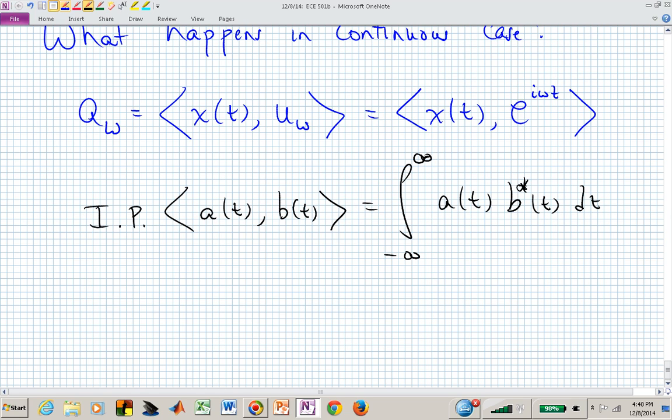If that's our inner product, now we can look at how to find these coefficients a sub w that lie in the direction of these eigenfunctions.